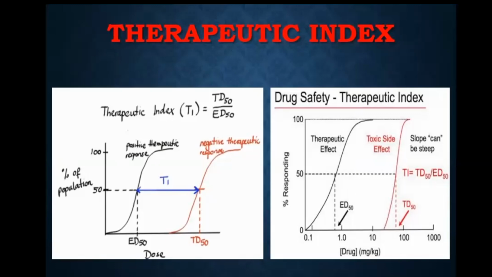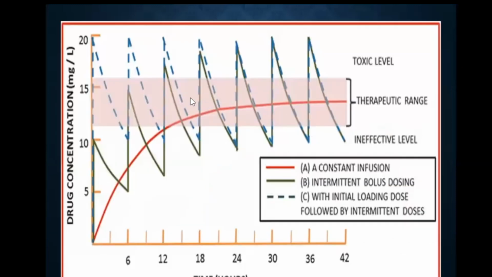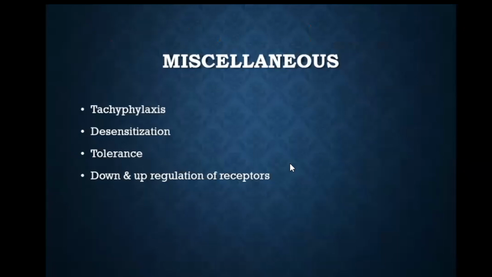So we have to find the right ED50, effective dose 50, and the toxic dose 50 as well. We talked about it last time, just a recap. By maintaining a drug in a therapeutic range, we will achieve a maximal pharmacological effect. So we won't be in the ineffective part and we won't be in the toxic part as well.